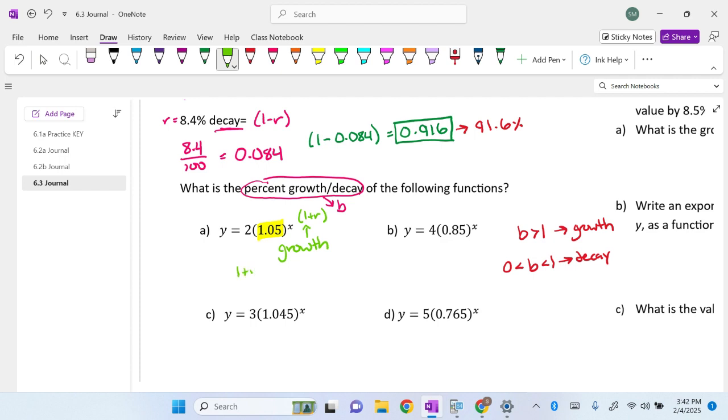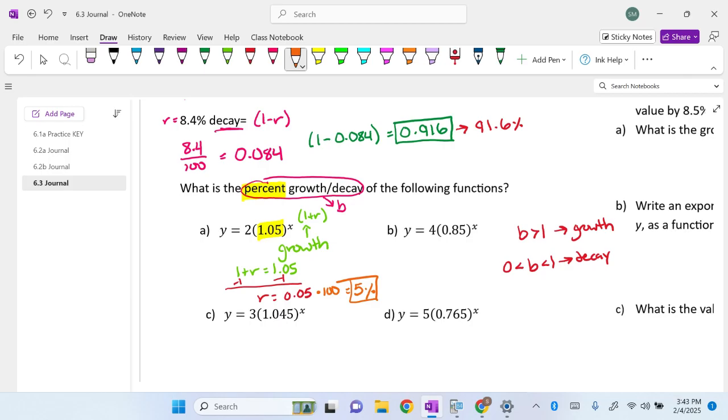We know 1 plus r is equal to 1.05. So we can subtract 1 from both sides to solve that equation. We would get r is equal to 0.05. Now, our question asked for a percent, so we need to convert this decimal to a percent by multiplying it by 100. If we do that, we would get 5% growth. So this is a 5% growth.